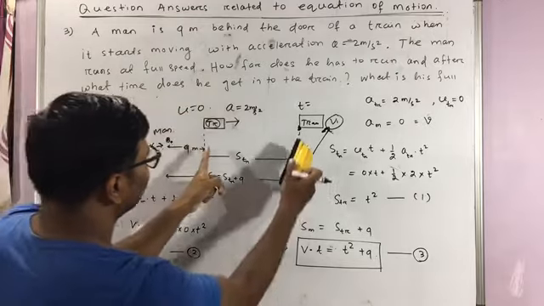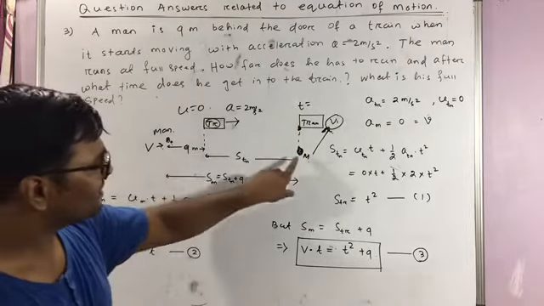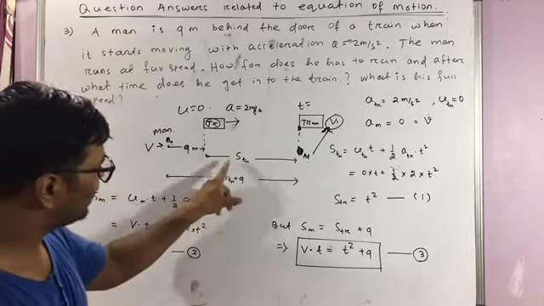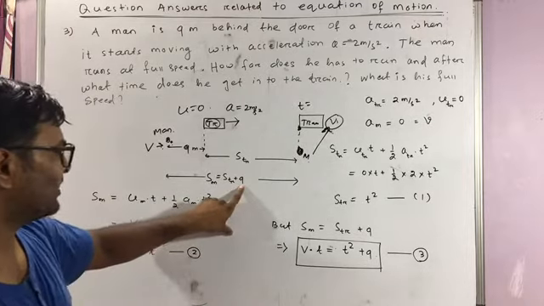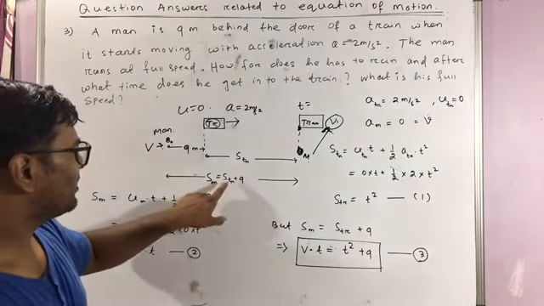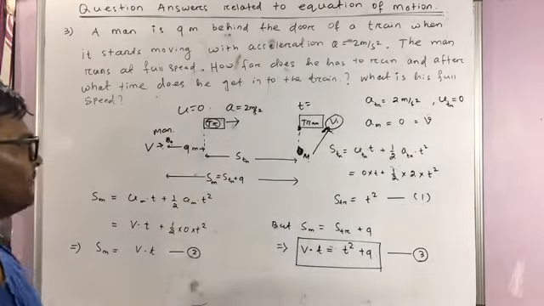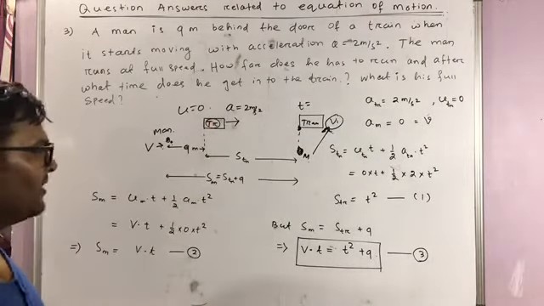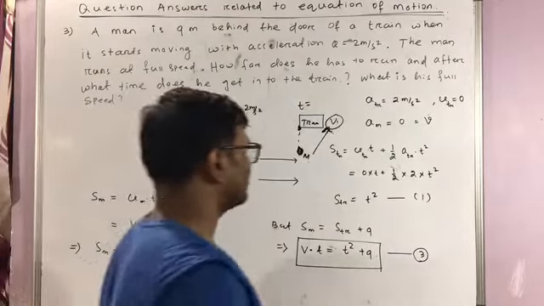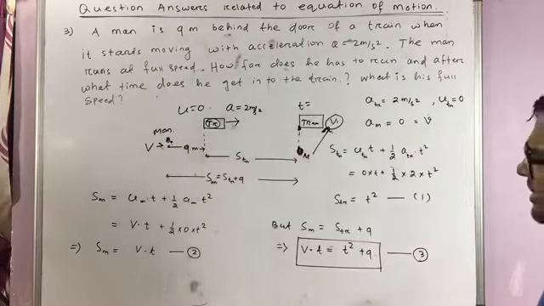The train is covering this distance, which is STR. Since the man intends to enter, he has to cover an extra 9 meters. So the distance covered by the man should be STR, the distance covered by the train, plus 9 meters. Now let us calculate the motion. Let us consider the motion of your train. So let us calculate what is the distance covered by the train.